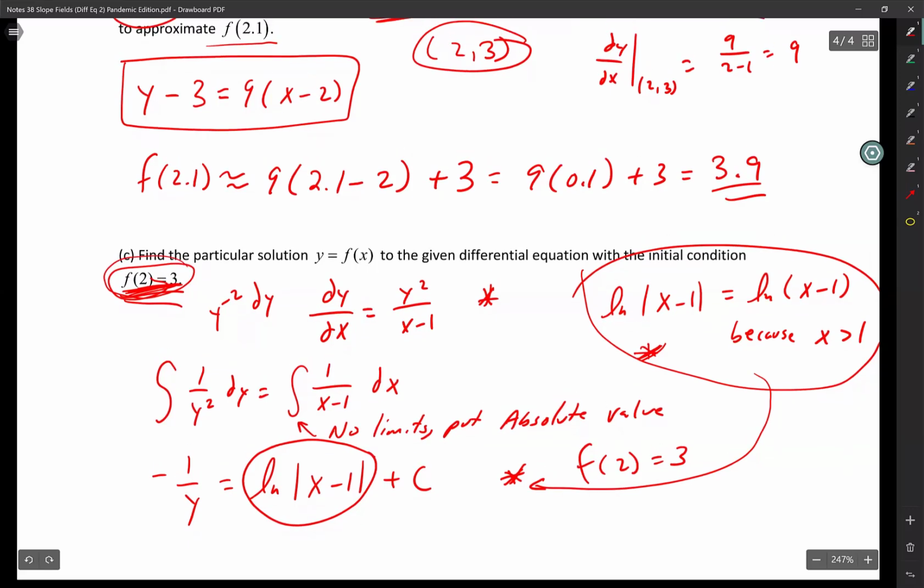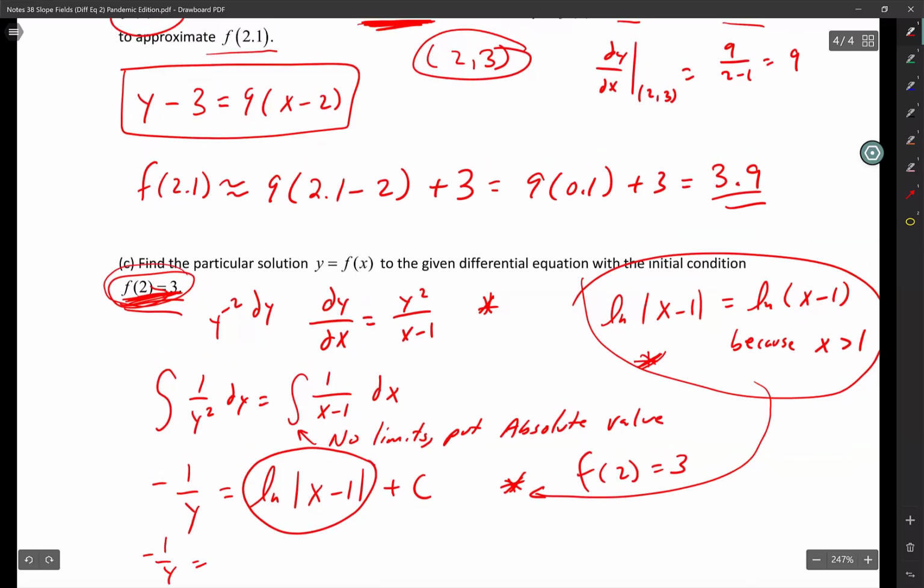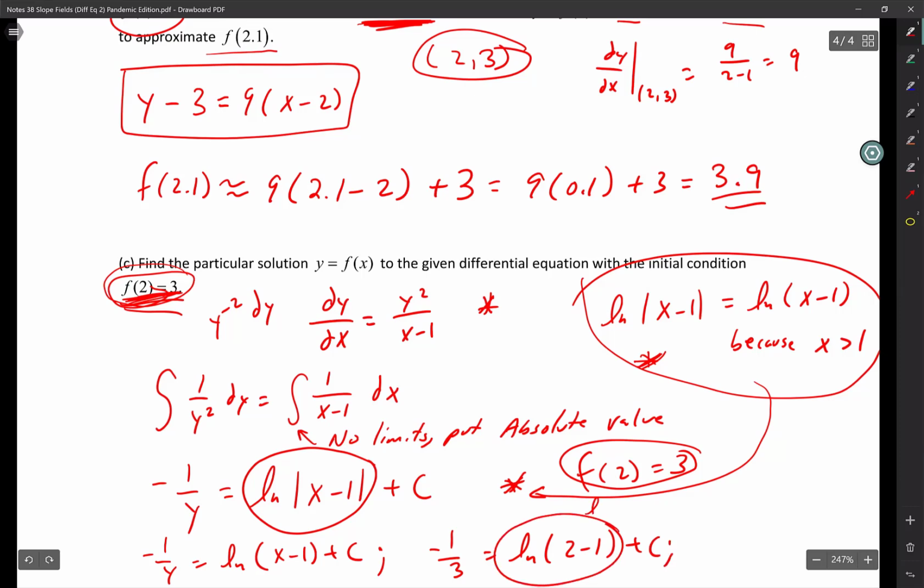And then I can just write -1 over y equals ln of x minus 1 plus c. And now I can just use my point, f(2,3). So -1/3 equals ln of 2 minus 1 plus c. Hopefully you know that ln of 1 is 0.